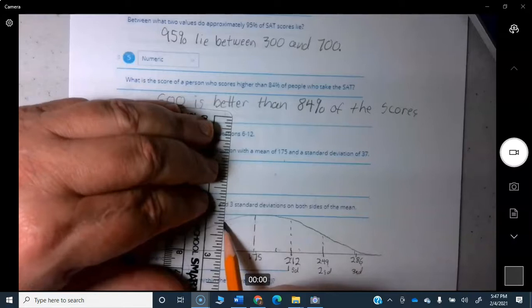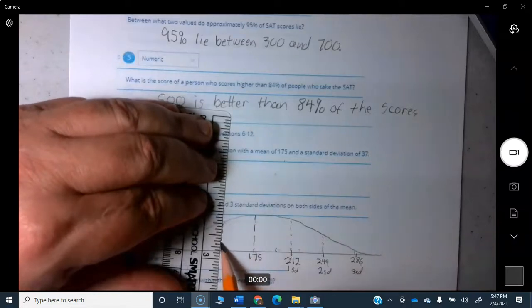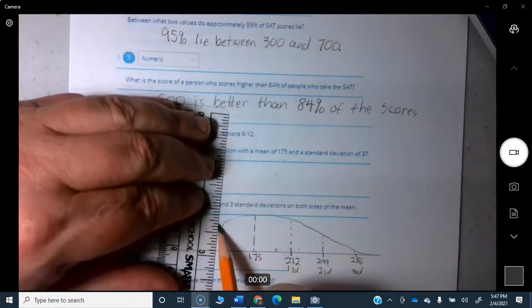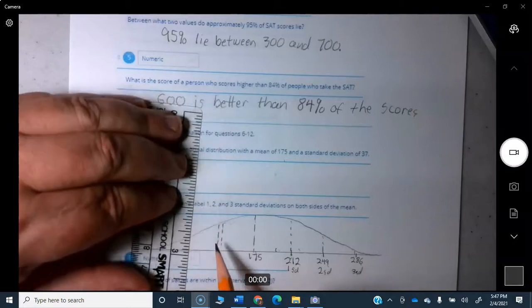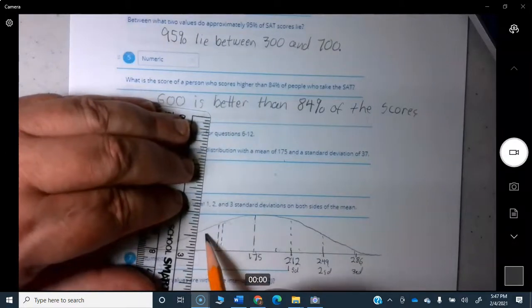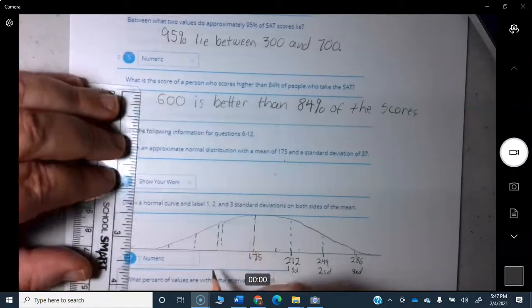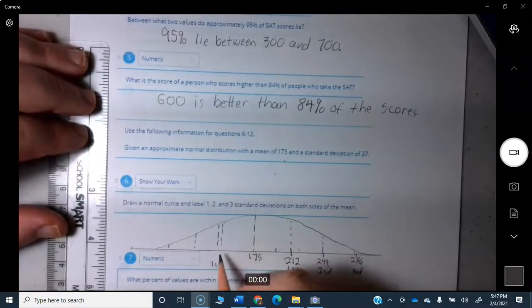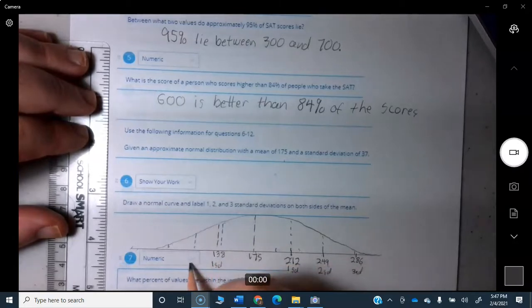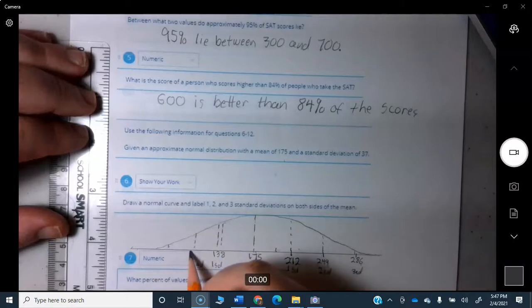Now in the other direction, I'll try to make this about the same distance. Do the best I can. There. Right there. So this is 1 standard deviation below the mean, so it's going to be 175 minus 37, which is 138. 2 standard deviations is 138 minus another 37, which is 101.